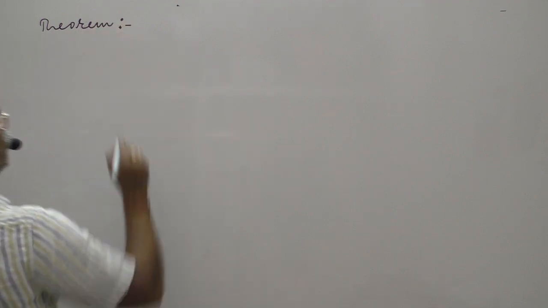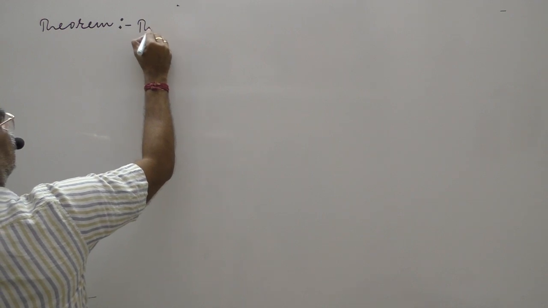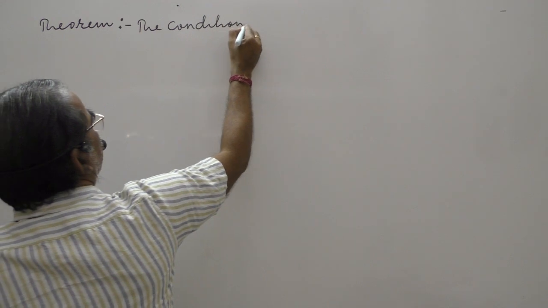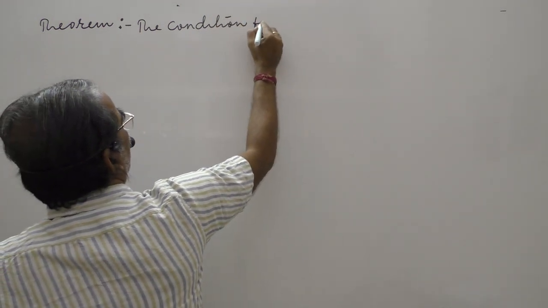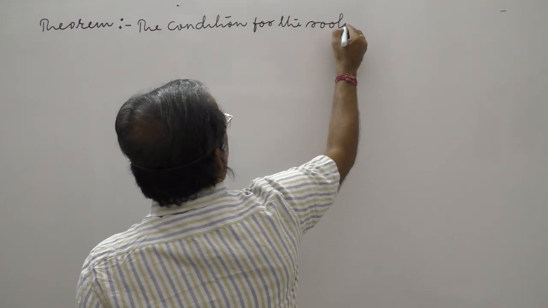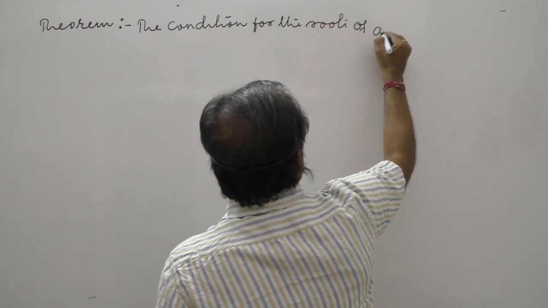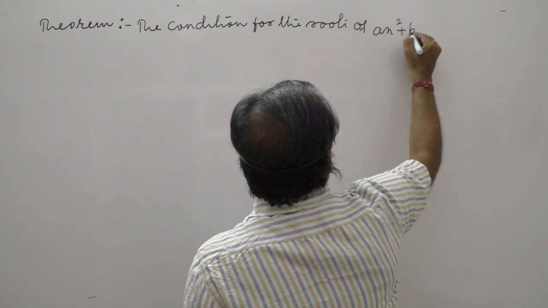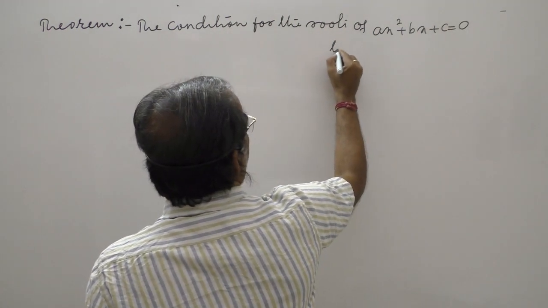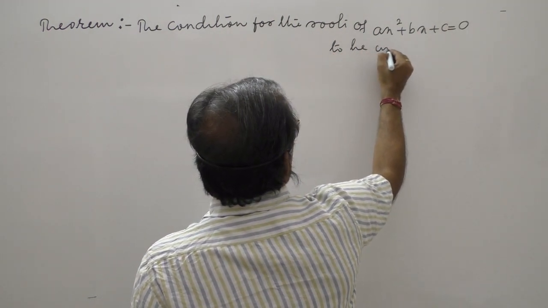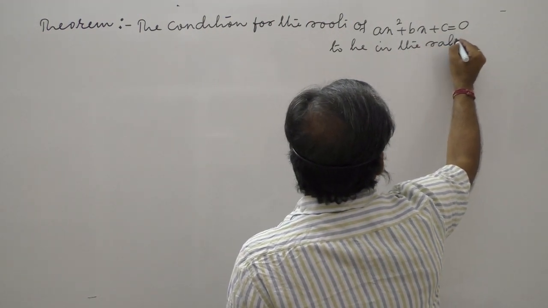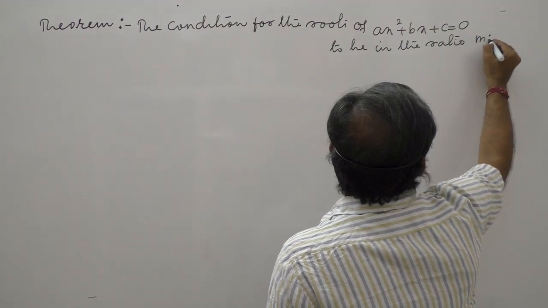So we will discuss one more theorem. In this theorem, what we discuss is about the condition. See now, theorem: the condition for the roots of the quadratic equation ax square plus bx plus c equal to 0 to be in the ratio m is to n.